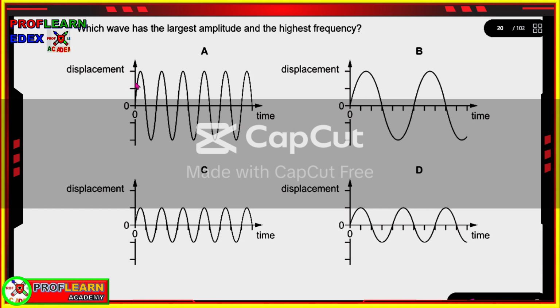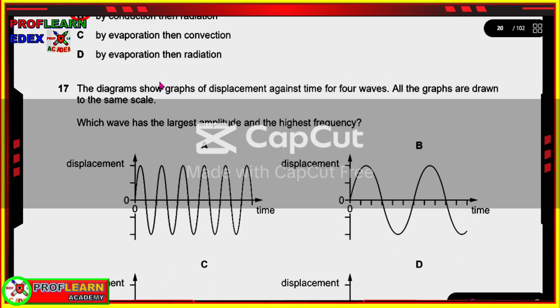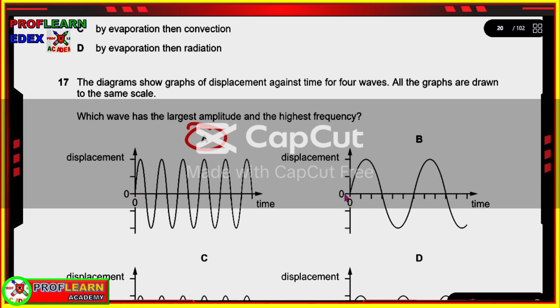The answer for question number 17 is A, because it's making more oscillations per unit time, and the amplitude we can see here is larger. Yes, this one has a large amplitude but a low frequency.